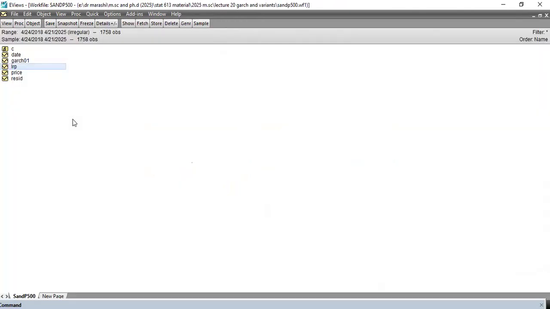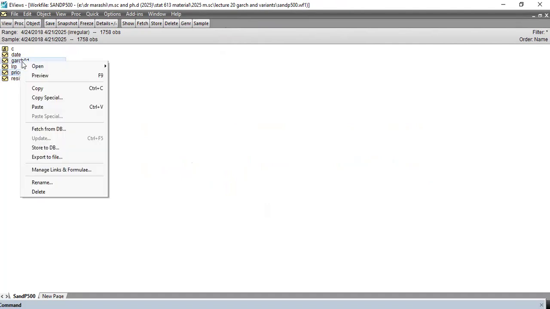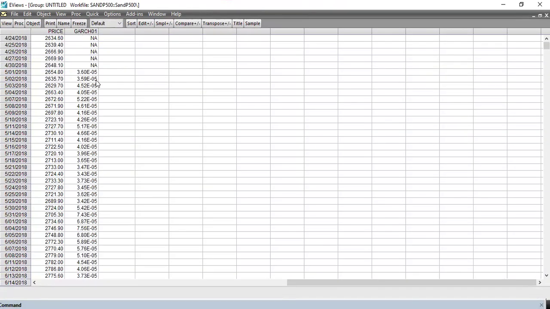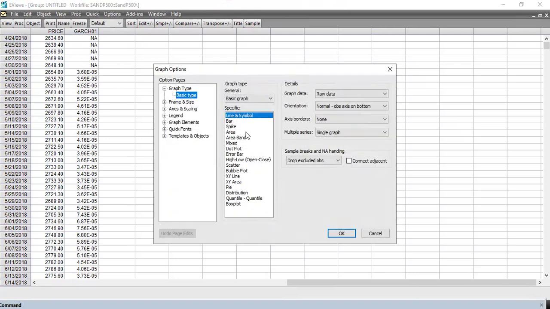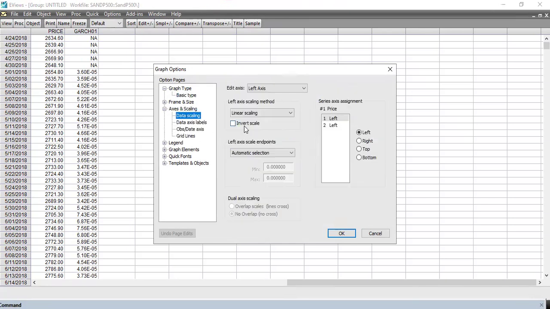Now, there is a very important thing I would like to discuss. This is your conditional variance. This is your original price. I would like to plot these two. I would like to see something. Go to axes and labeling, second to the right.